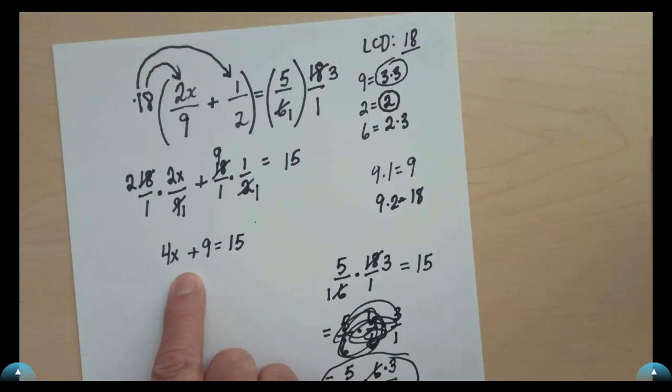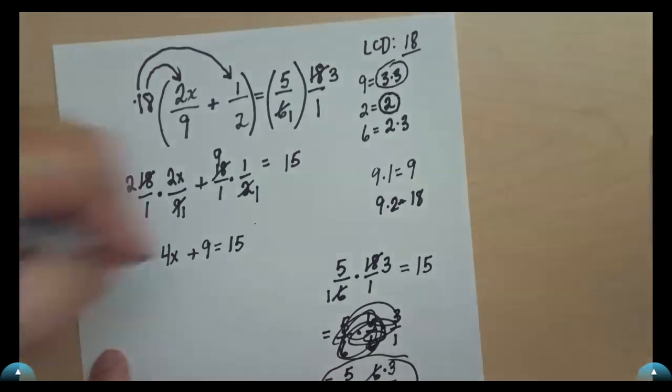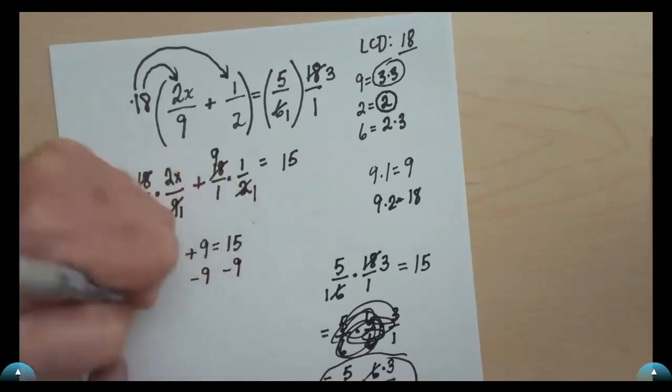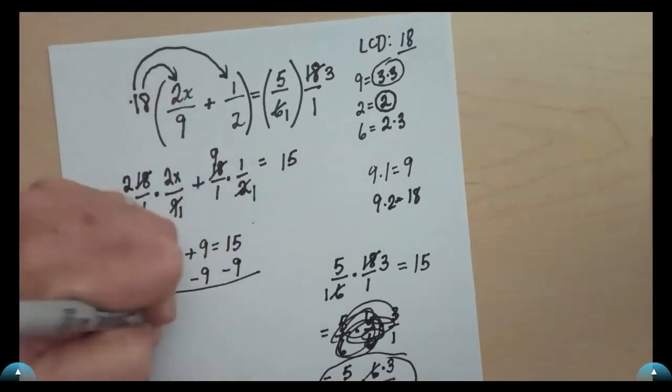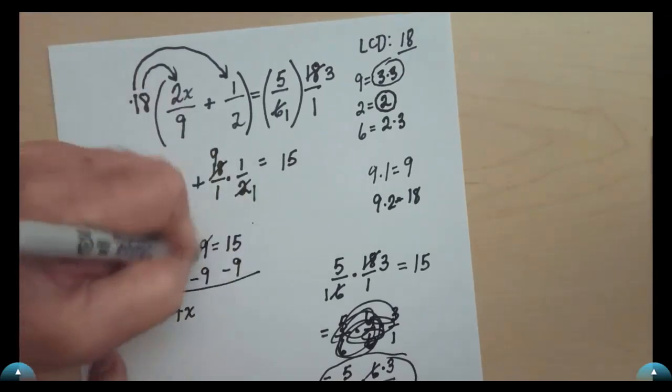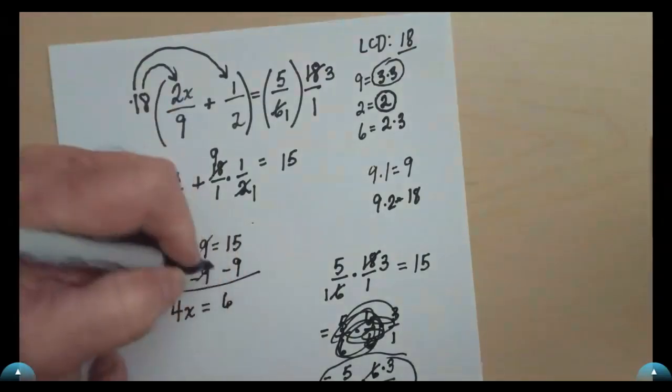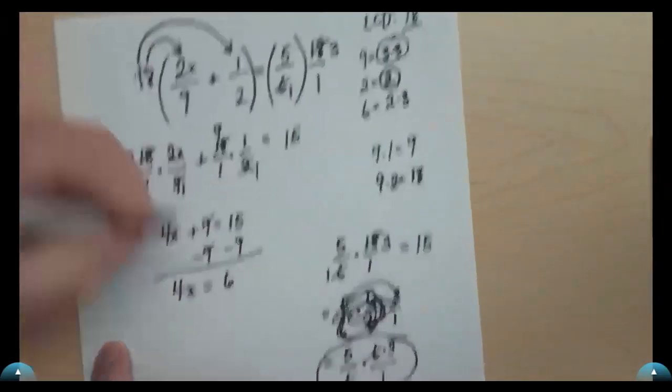Everybody with me? And of course, from here, we just solve it. Subtract 9 on each side. We have 4x equals 15 minus 9 is 6. And of course, we divide each side by 4.